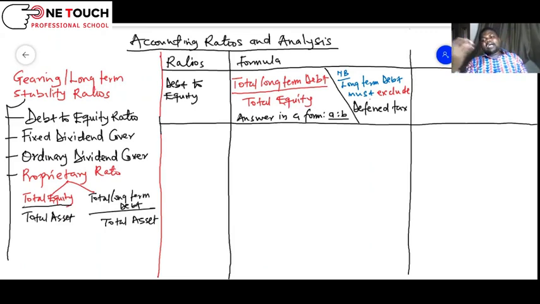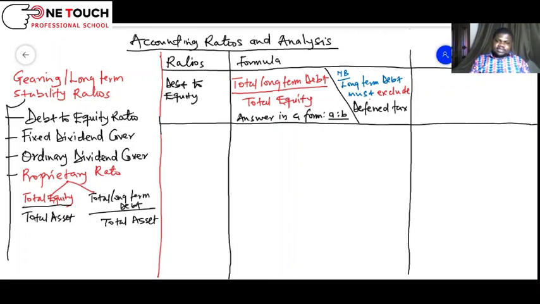Deferred tax is just an accounting measure. It's not something that you'll be paying in the future. So once you see deferred tax, it should be out. It should not be part of your long-term debt. Usually you see it as part of non-current liability, but don't add it. Please take it out. If you have deferred tax, please, I'm begging you, take it out.